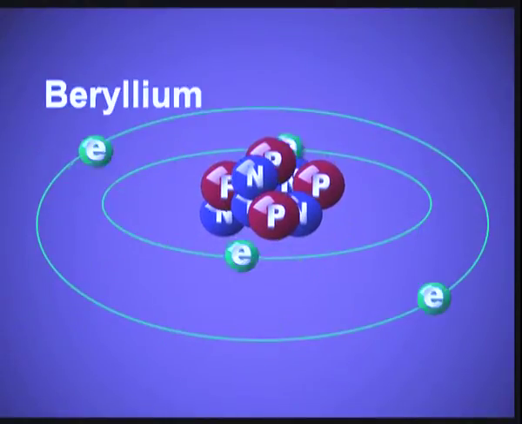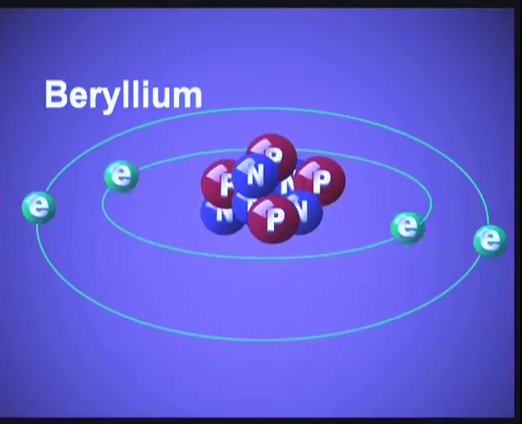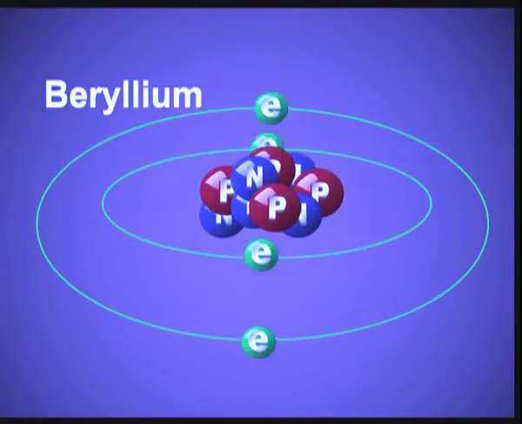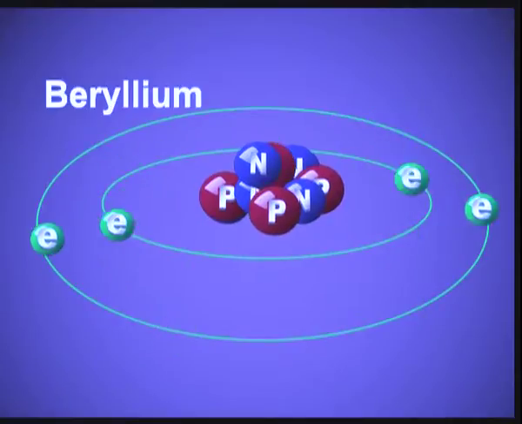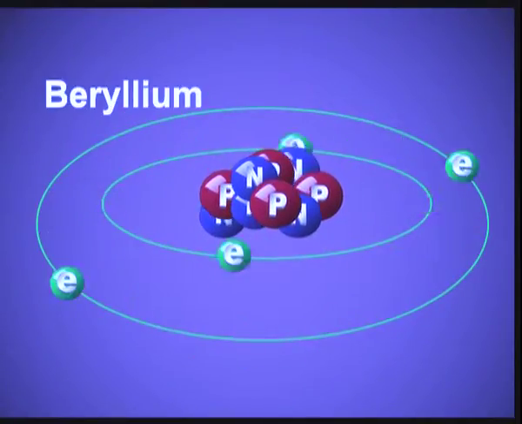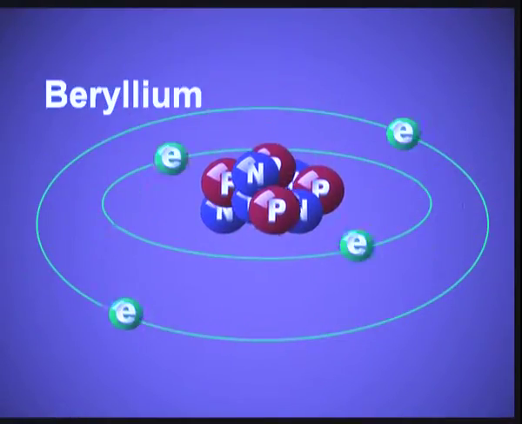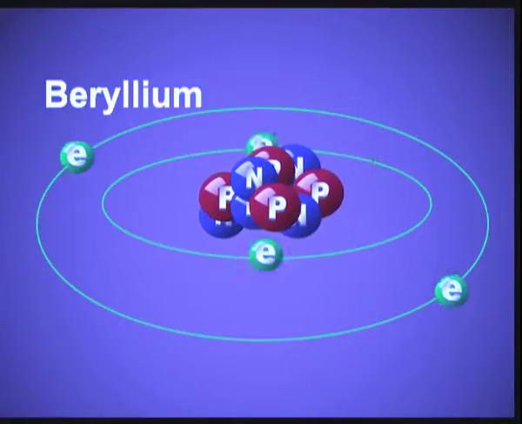Beryllium is the next element of the second period. It has 4 protons in the nucleus because its atomic number is 4, and it has 4 electrons which are revolving around the nucleus. Now you can see that 2 electrons are in the inner shell and the other 2 electrons are in the second shell.